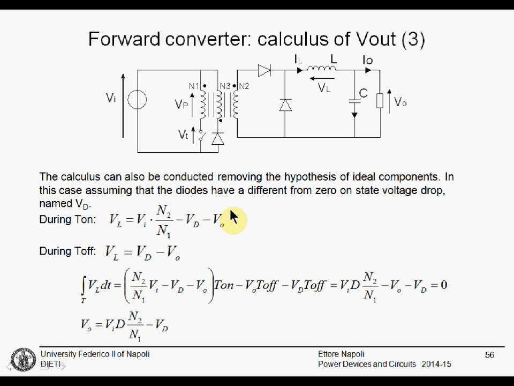The difference is simply that during the on phase, this switch is on, the primary voltage, let's say, is VI. This voltage here is VI multiplied by N2 divided by N1. And the voltage drop on the inductor is this voltage minus VD minus VO.